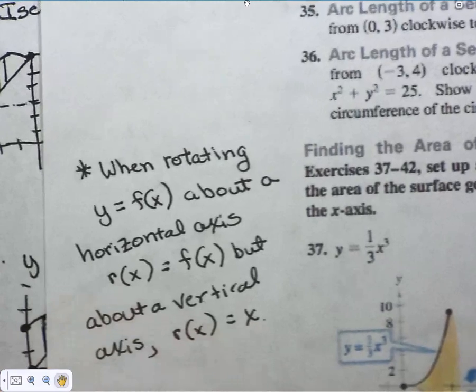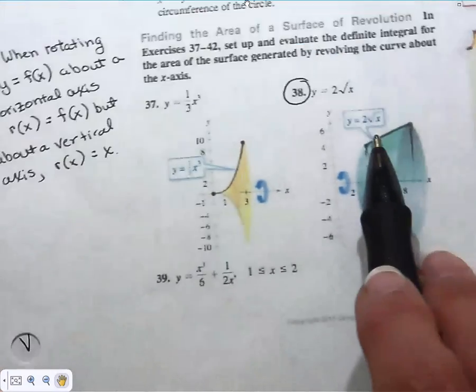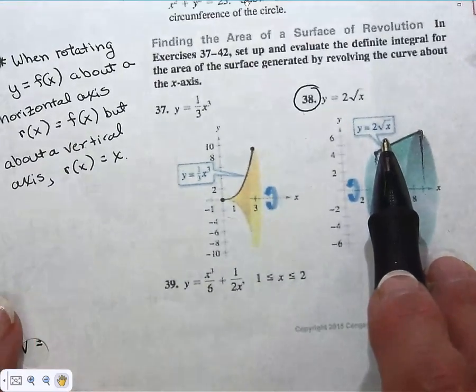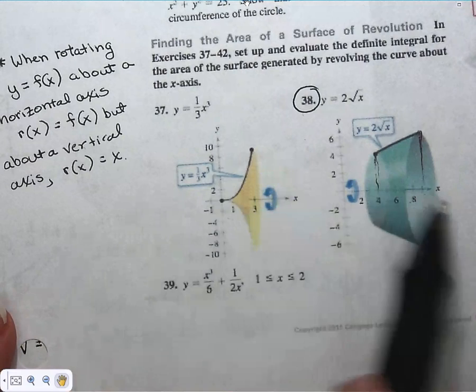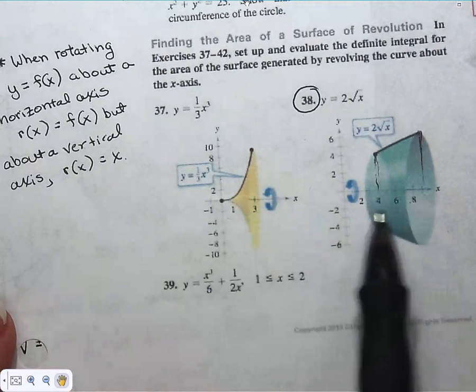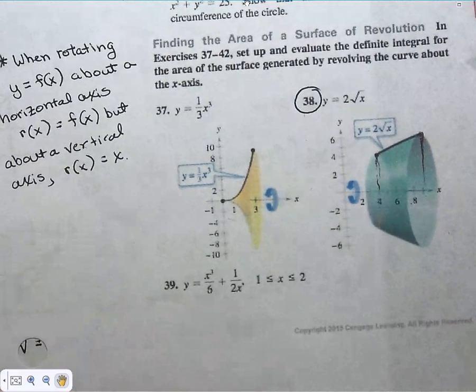So the radius in this case would just be 2 square root of x. If you're revolving that around a vertical axis, then the radius is x. Yep.